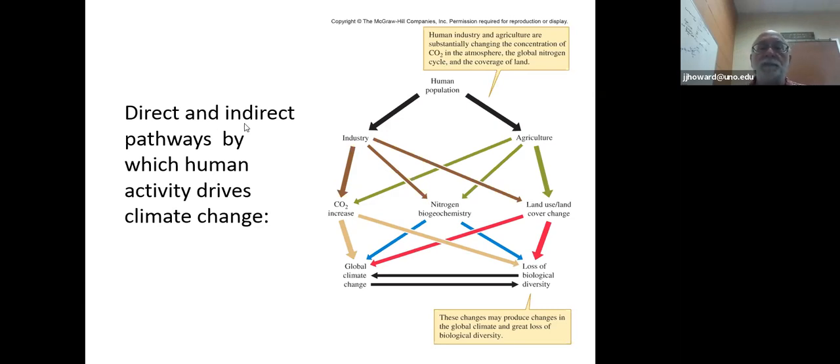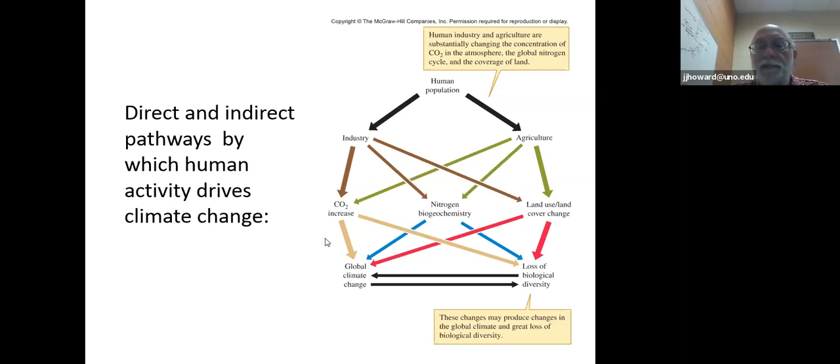So industrial activities directly put out CO2, agriculture directly puts out CO2, industry puts out nitrogen, industry converts land from natural cover to human use. Agriculture does the same. Agriculture uses nitrogen as fertilizer.